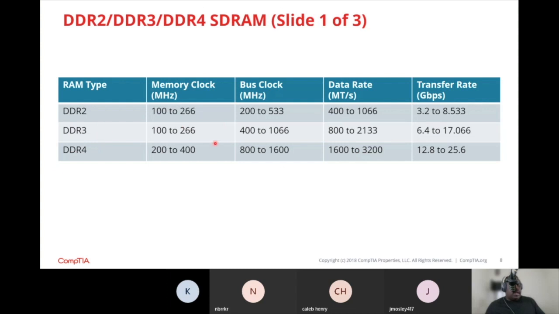DDR3 can do that again, except it moves at a faster rate. So every time they change these, they improve the efficiency of how the RAM worked. So it's running faster clock cycles, and therefore the transfer rate gets faster and it can transfer more gigs per second.